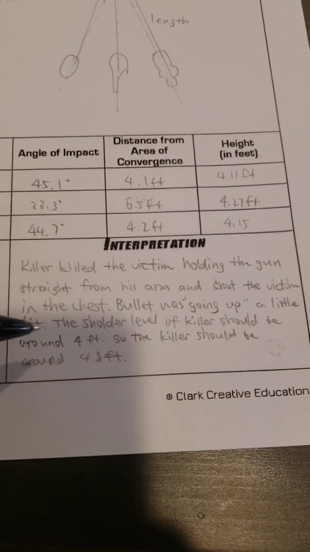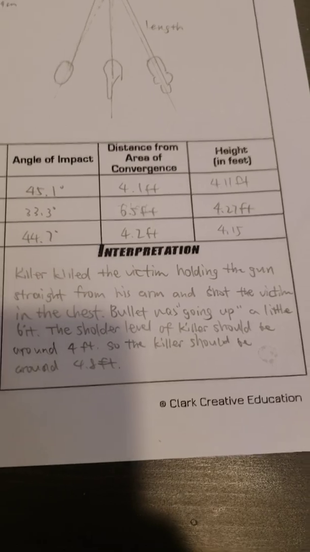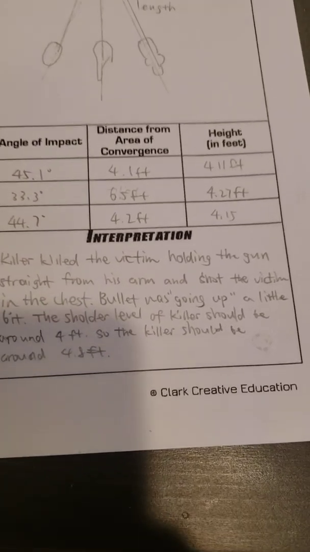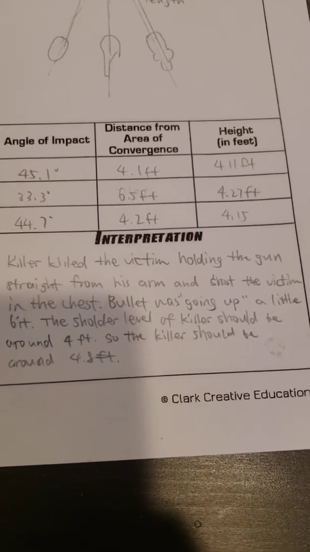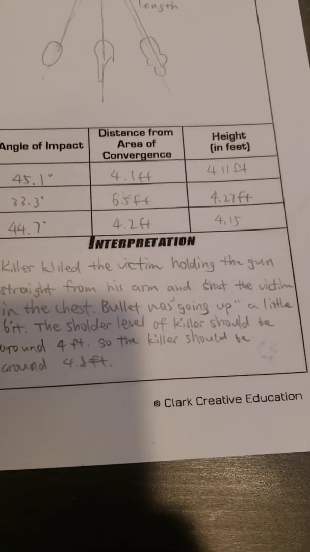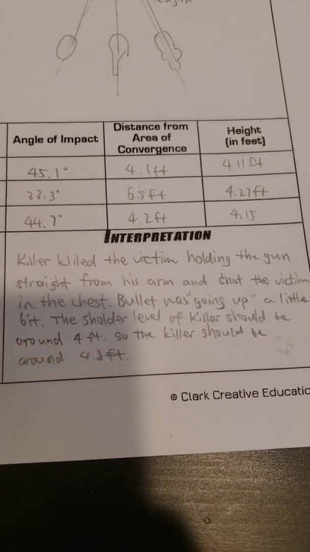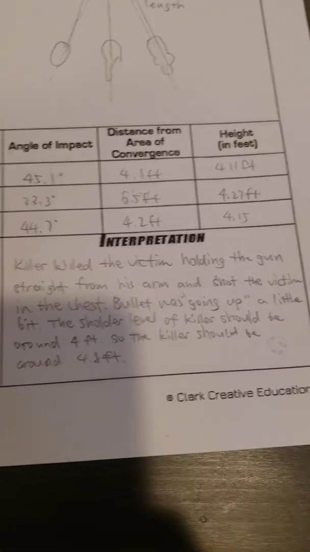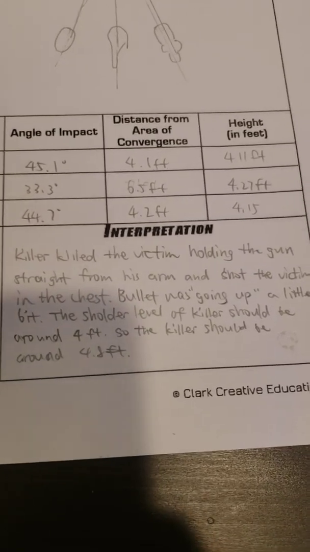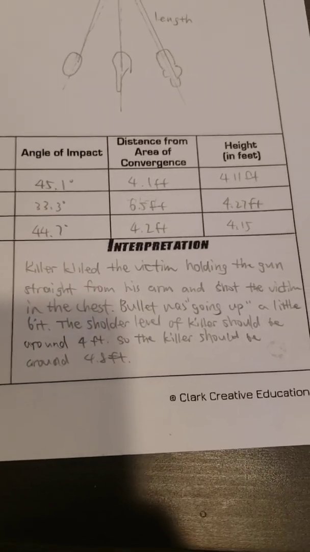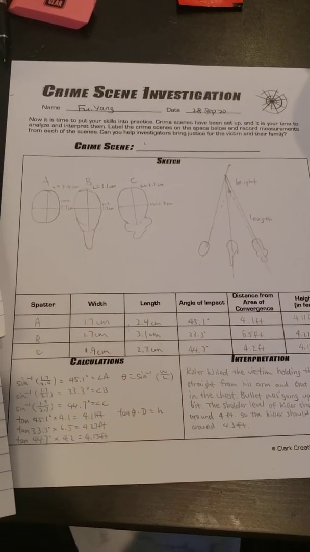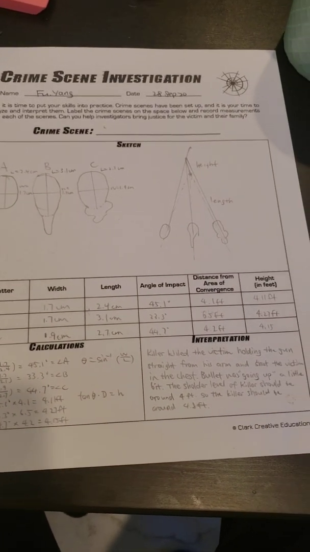We have to try to see what the scenario was, how the killer killed the victim, in what posture, what height, and pointing at what area of the victim to shoot him. And this concludes my explanation of the crime scene investigation project.